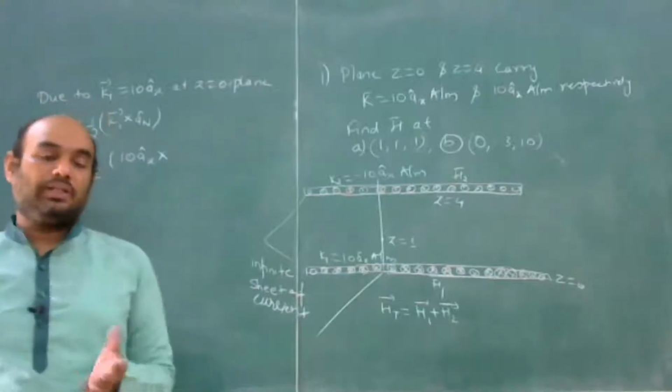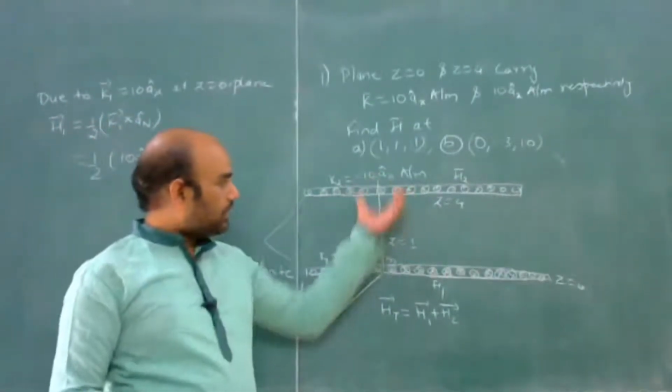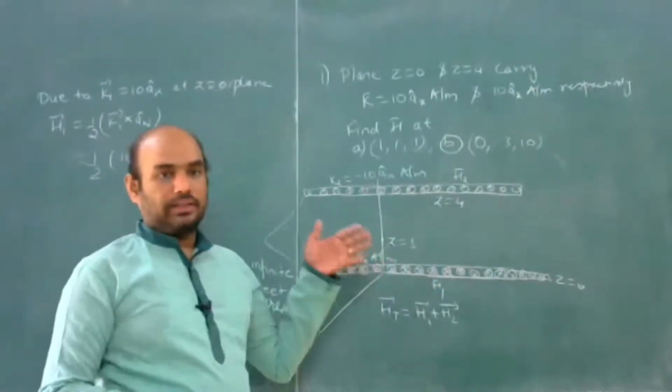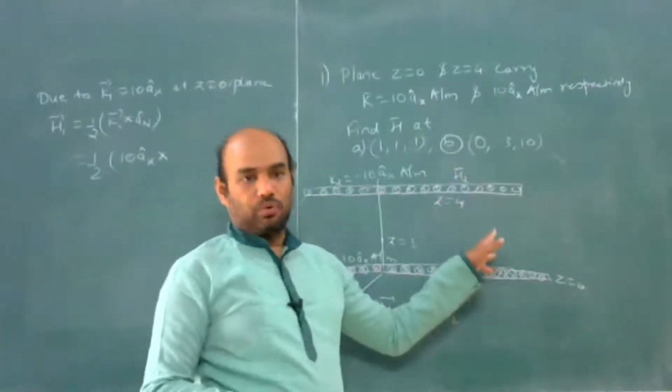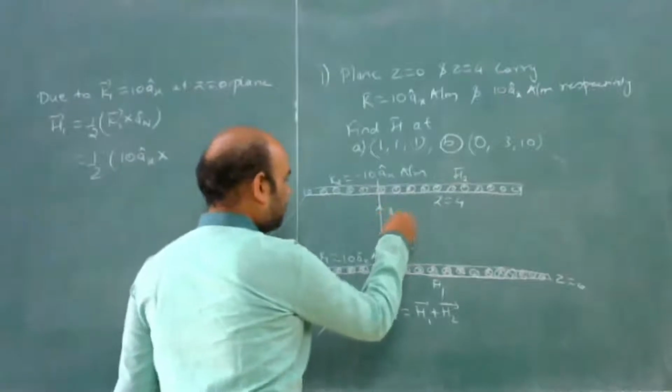Now we have to find the normal unit vector. The sheet of current is kept at z is equal to 0, so the normal unit vector will be a_z.